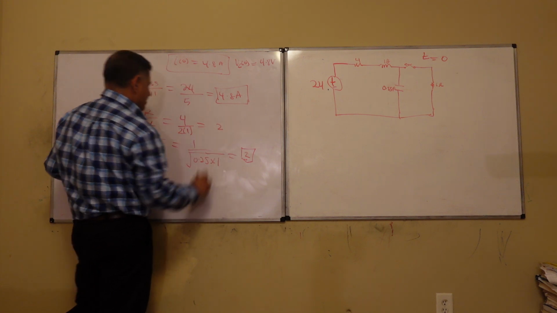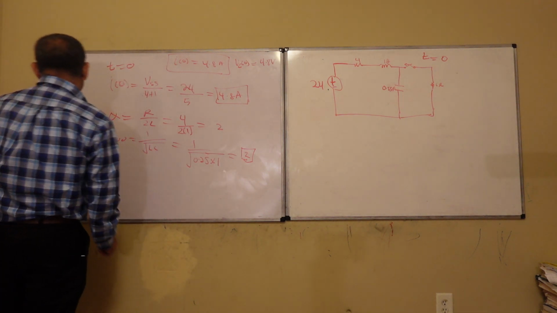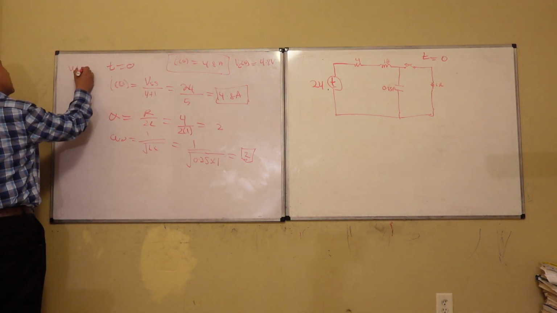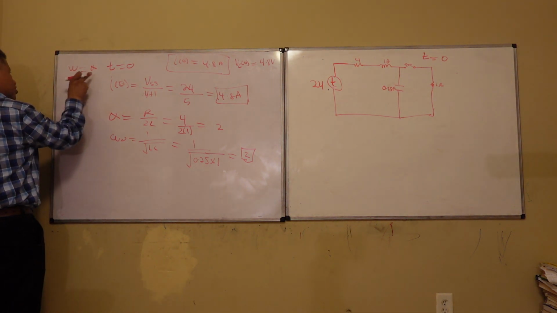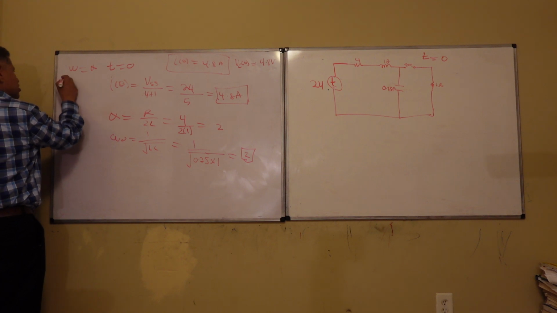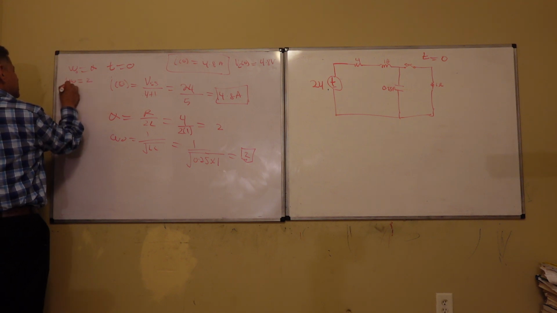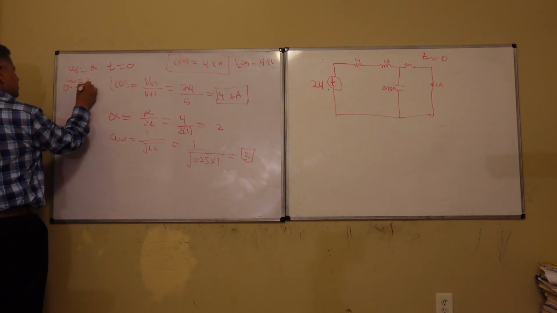Now, if we think about it, omega naught is equal to alpha. So omega naught is equal to 2, and alpha is equal to 2.